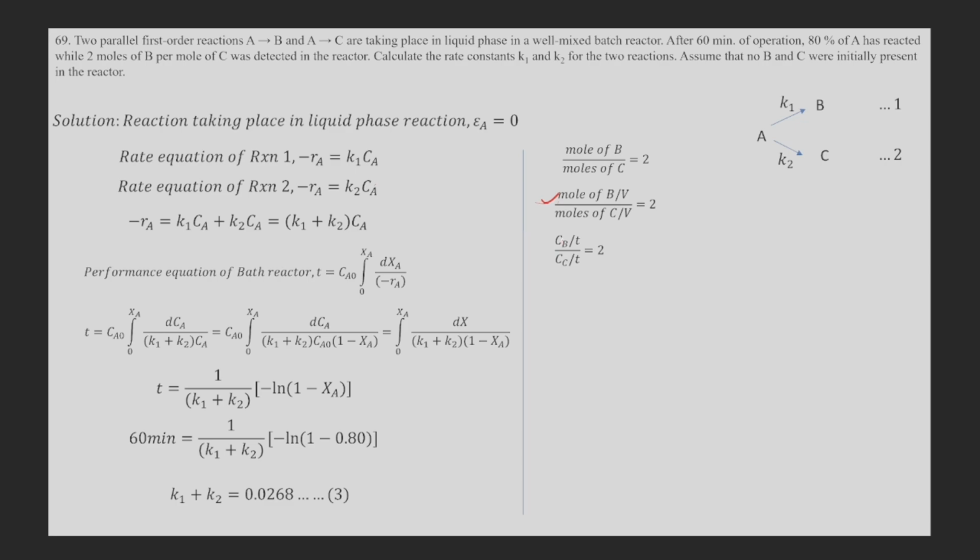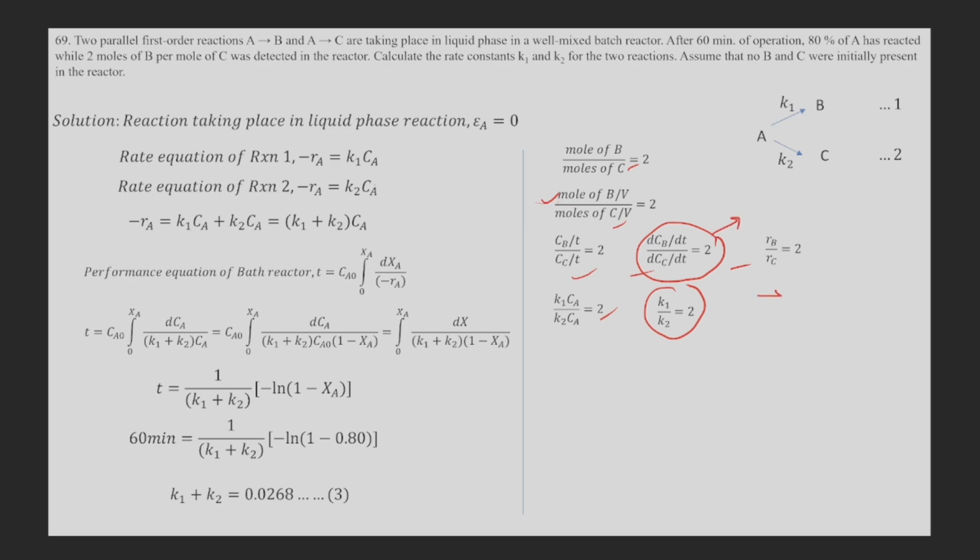In this step, after getting concentration, I divided numerator and denominator with t. So what are we getting? dCB by dt, dCC by dt. So ultimately it is a rate. So this will give the final result. Okay, I just wrote all these steps to help you understand, because it is straightforward. When it says moles of B per moles of C, just go and write this.